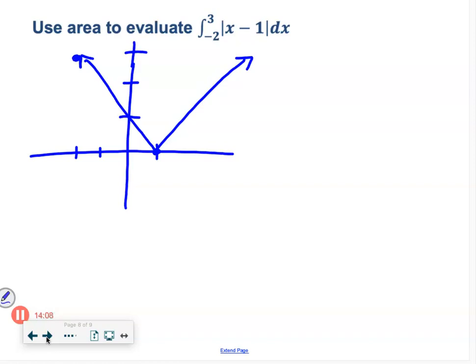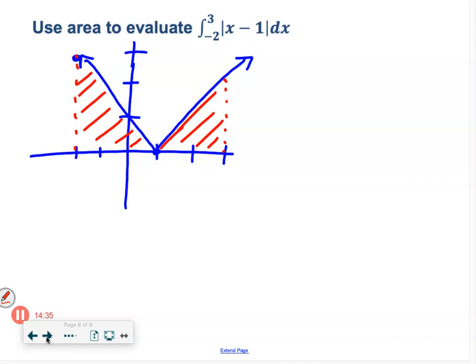And then at 3, you're actually only at 2. So I'm going to draw these kind of like this. So at -2, we're up this high. At 3, pretend that lines up with the 2. We're up this high. So all we're doing to evaluate is adding the areas of these two triangles together.